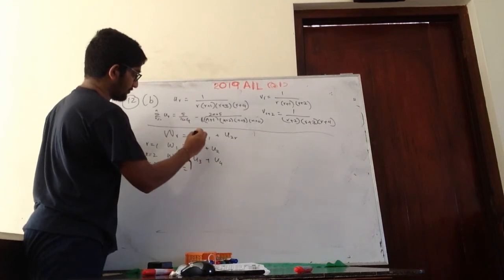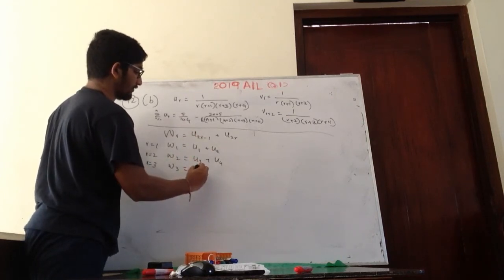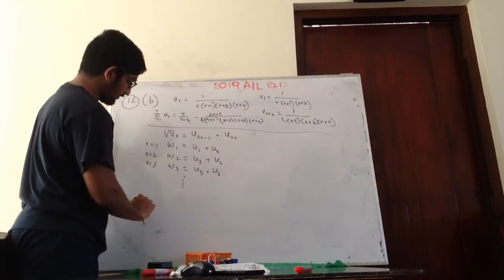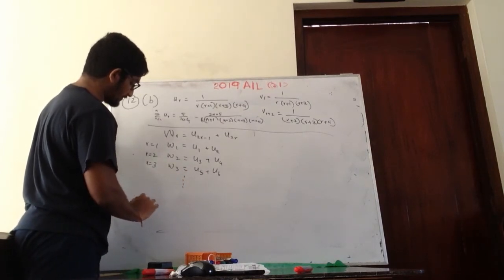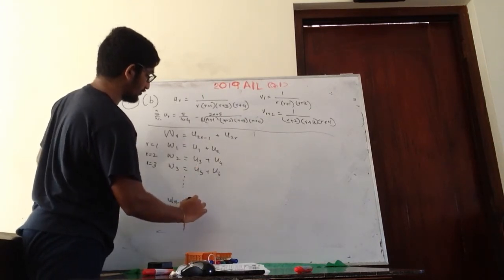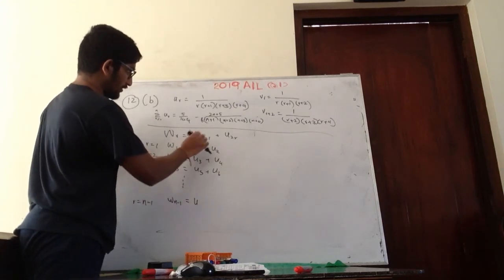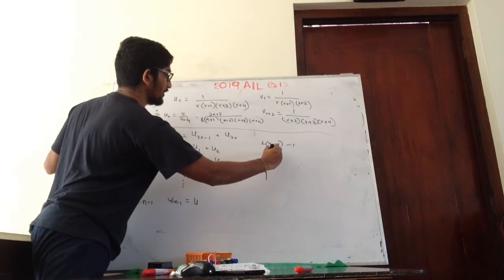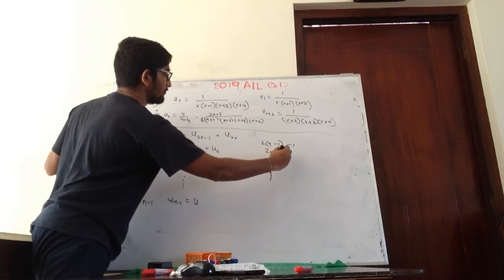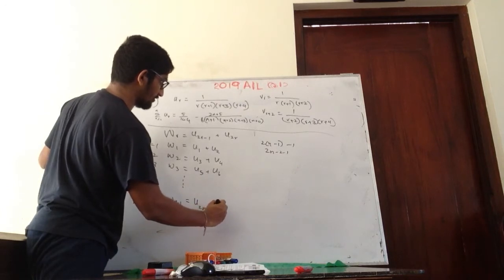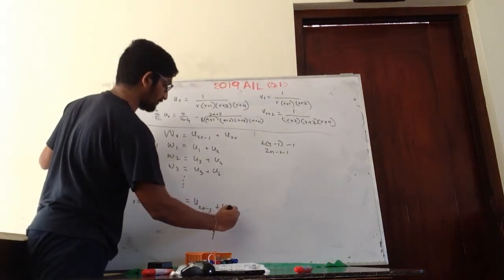W3 is going to be U5 plus U6. So it goes down until you come to R equals n minus 1. Wn minus 1 will be U of 2n minus 1 minus 1, so 2n minus 2 minus 1, so this is going to be U2n minus 3 plus U2n minus 2.